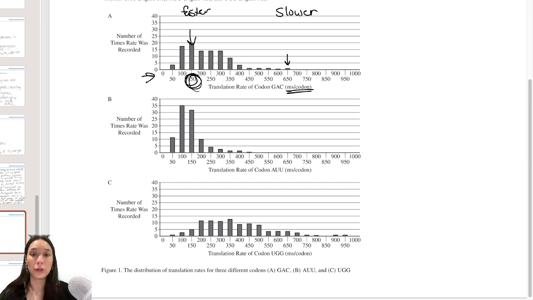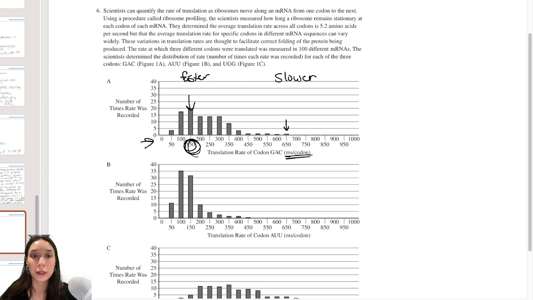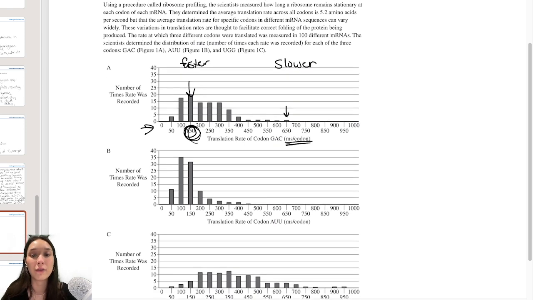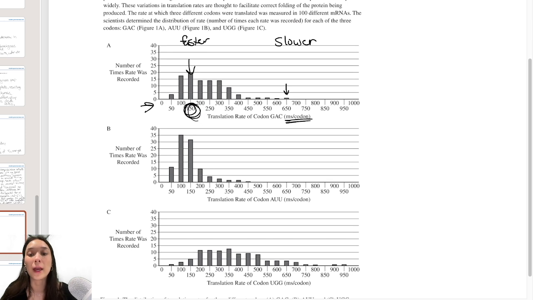I had some students who read this incorrectly and thought it was codons per second, which I believe they reference in the question. However, you have to be mindful of what they actually give you in the graph, which is milliseconds per codon. If this was 650 codons per second, then it would be opposite, where the opposite side is considered faster.